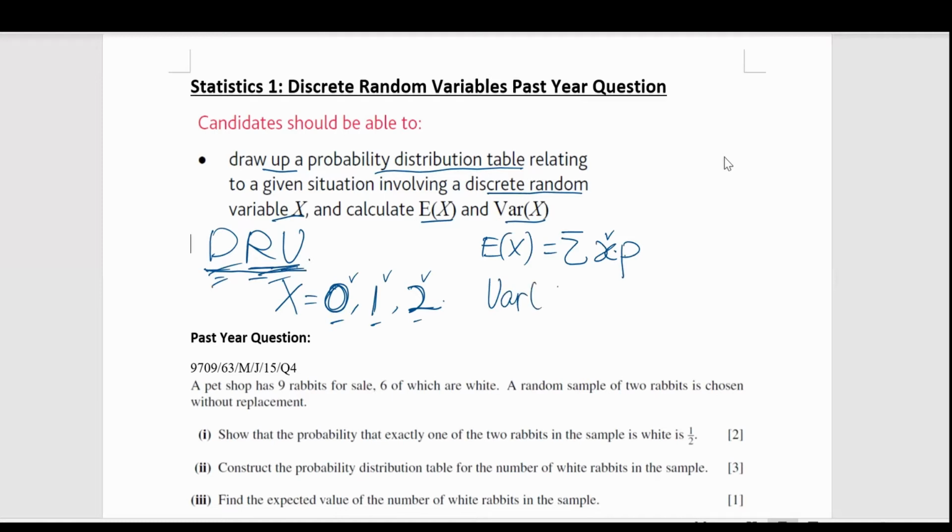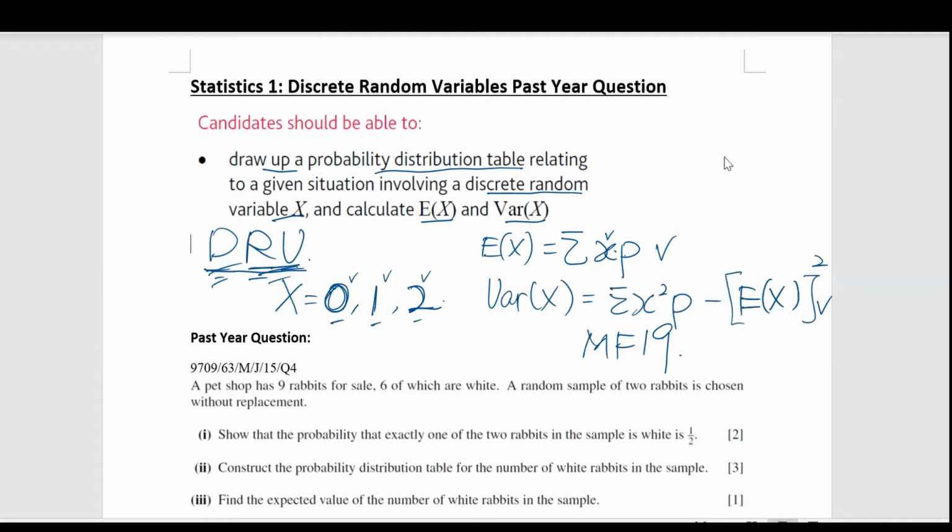As for the variance, we have a formula that looks like this. These formulas are given in the formula booklet MF19, so you can refer to it when you are answering Statistics 1 exam questions.